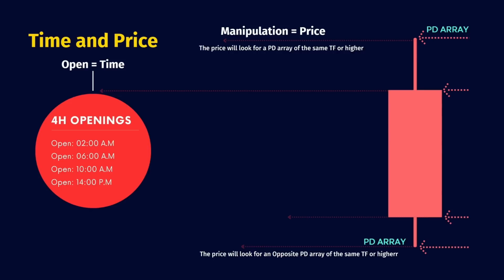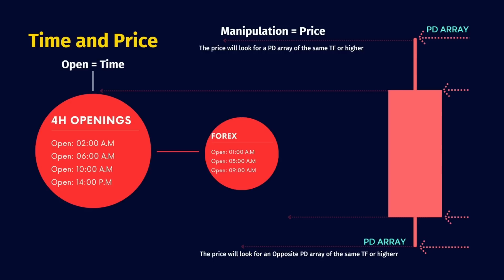Okay. If you're working with forex, it's different times. It's one hour less. The opening in forex, the first candle, is at 1 a.m. New York time. All these times are New York time. Okay.